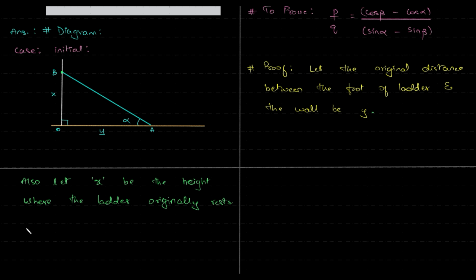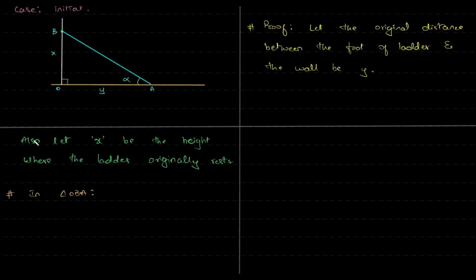And with this we can proceed. In triangle OBA, what do we have? We have tan alpha, which is opposite by adjacent, which is x by y, right?